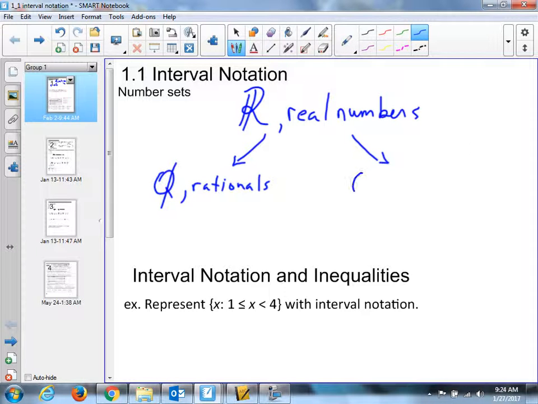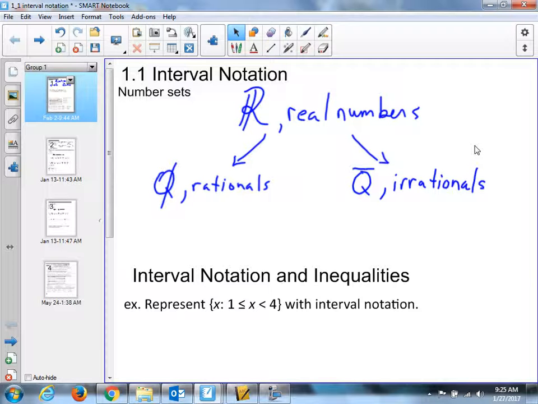Q with a line over it means the ones that aren't rational, irrational. Now, think of examples of an irrational if you can, and rational numbers.